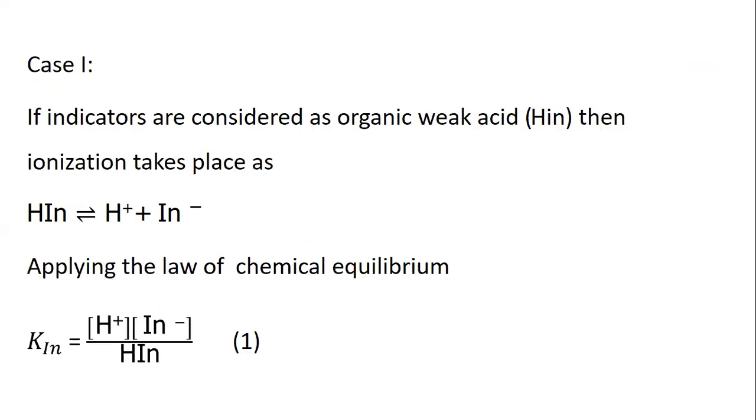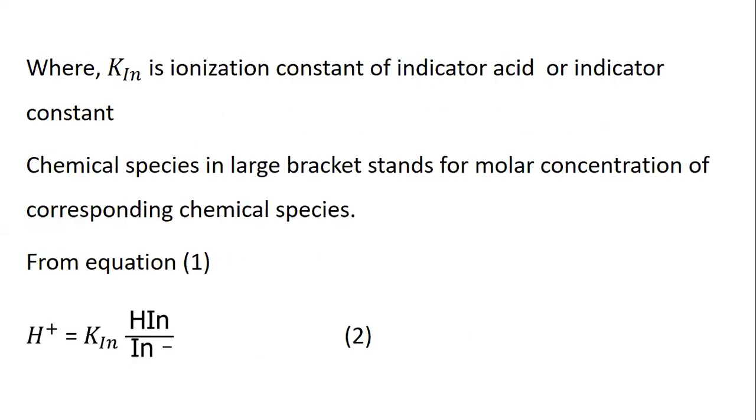First, if indicators are considered organic weak acids, then ionization takes place. Applying the law of chemical equilibrium, where K In is the ionization constant of the indicator, or indicator constant, and species in square brackets stand for the molar concentration of the corresponding chemical species, we can write [H+] = K In [HIn]/[In-].